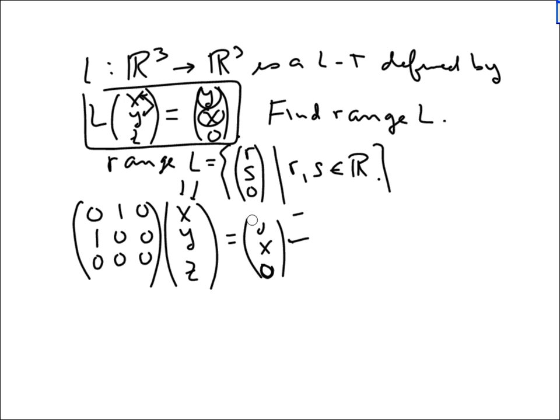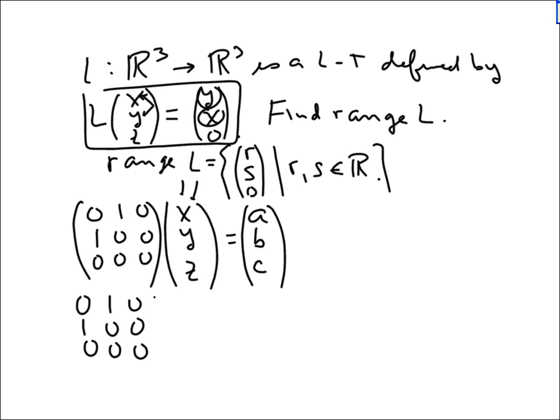Okay. So now, we want to see what we can get. We want to see, can we get A, B, C? That is, I want to solve this augmented system, A, B, and C. Okay?